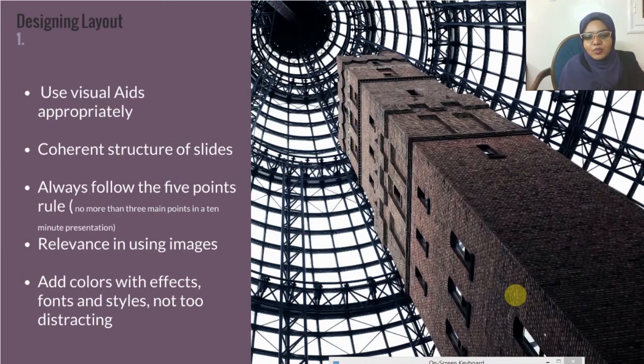There's a relevance, but you have to think a little to find it. Add colors with effects, fonts, and styles, but be careful, they should not be too distracting from you, the presenter who's standing in front of the people, and from some of the main points that they need to look at in the slides.